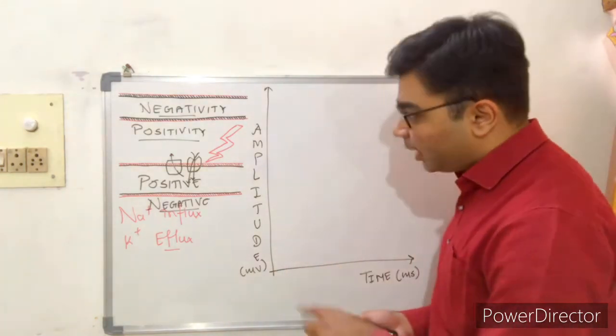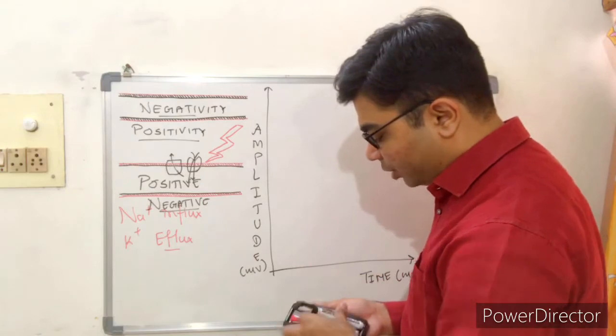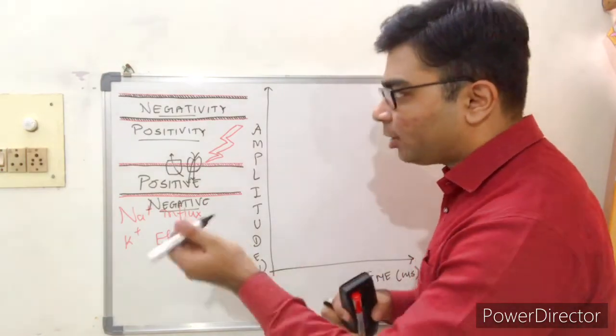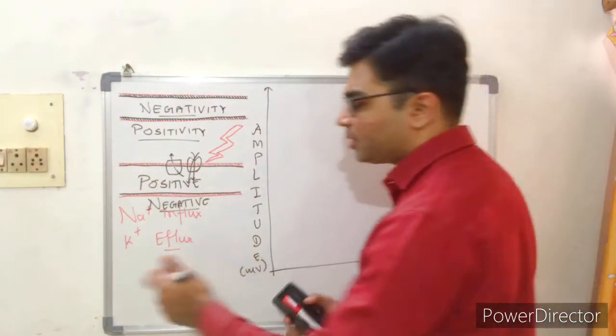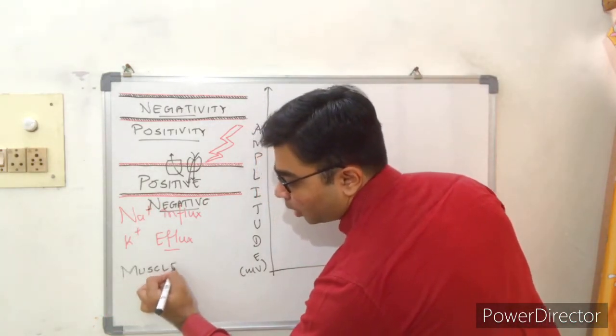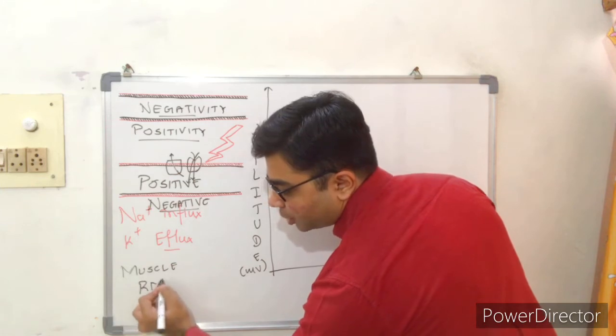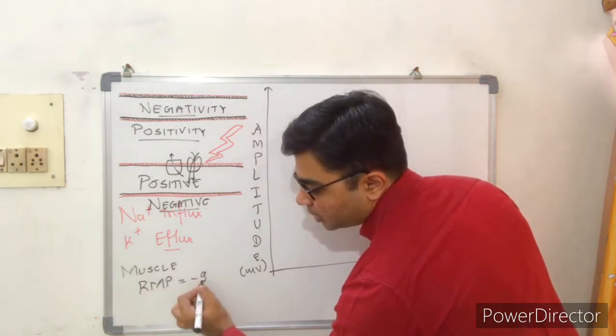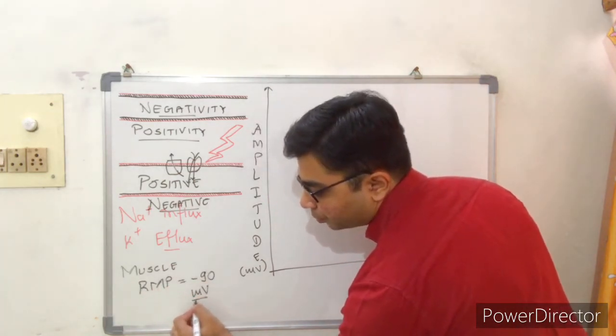Now in the resting condition, if we measure the polarized state by a cathode ray oscilloscope, which is a device, for the muscle, particularly the skeletal muscle, the resting membrane potential is about minus 90 millivolts.